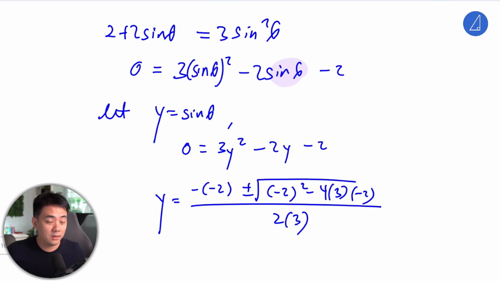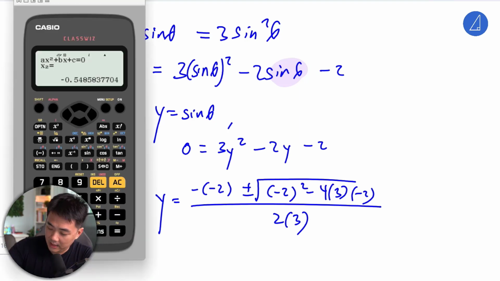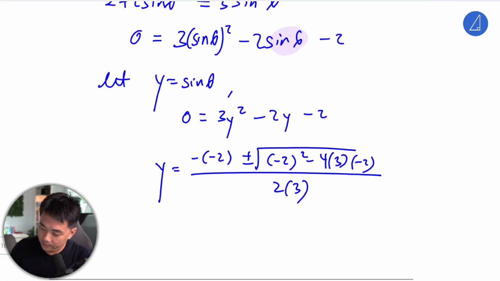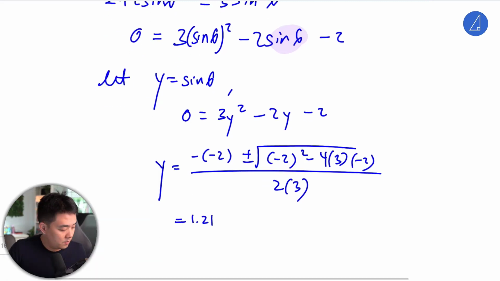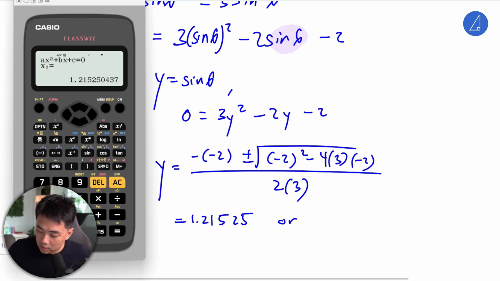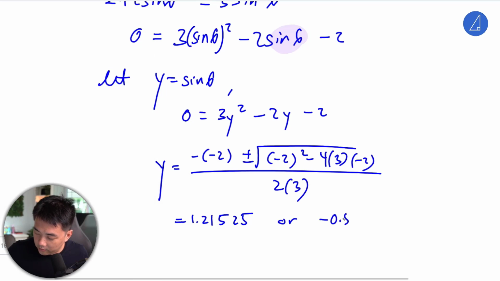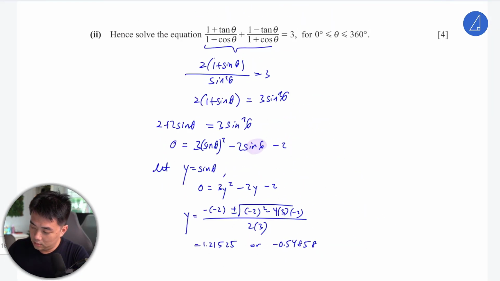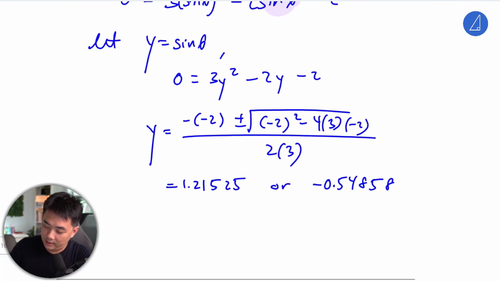In this case we'll get 1.21525 or negative 0.54858. That's our sine theta.